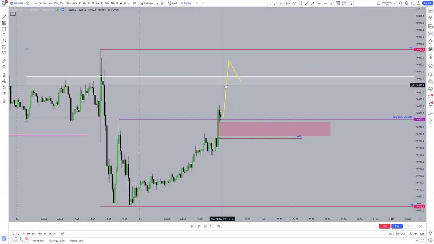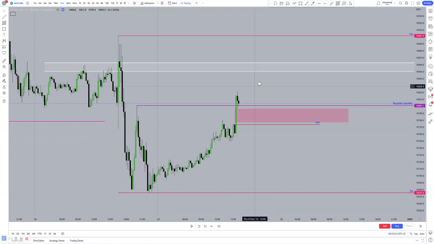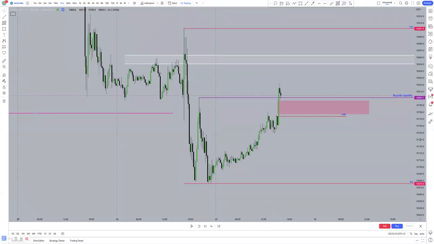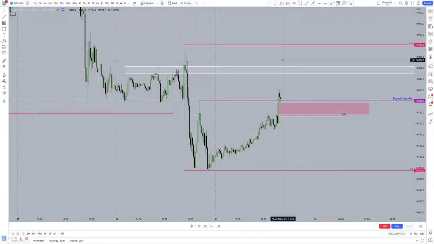Okay, so for me, I was looking for buys, at least price to come above this zone, either to see a smart money reversal in this area, or price to take out this liquidity and then to sell. One of these two needs to happen.